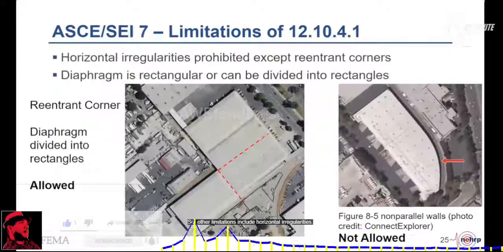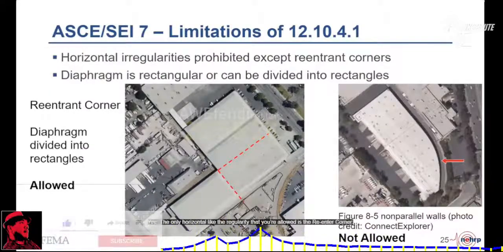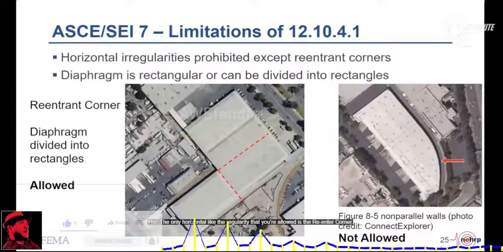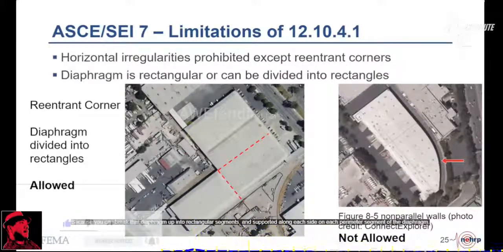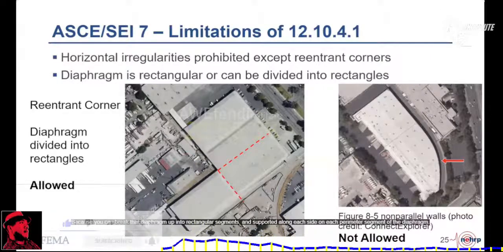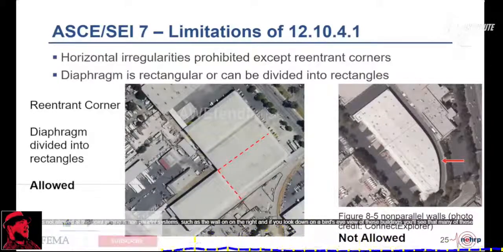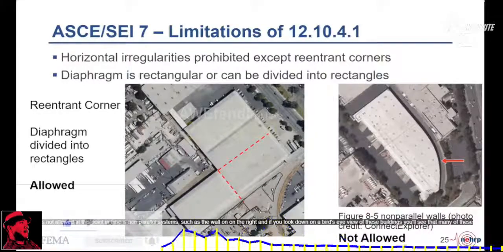So other limitations include horizontal irregularities. The only horizontal irregularity that you're allowed is the reentrant corner, because you can break that diaphragm up into rectangular segments and support it along each perimeter segment of the diaphragm. What's not allowed at this point in time is non-parallel systems, such as the wall on the right.